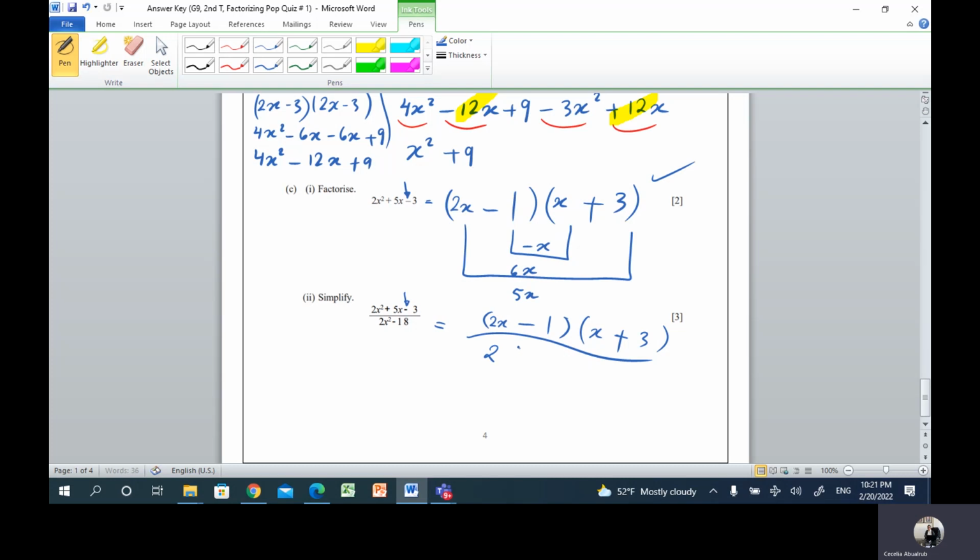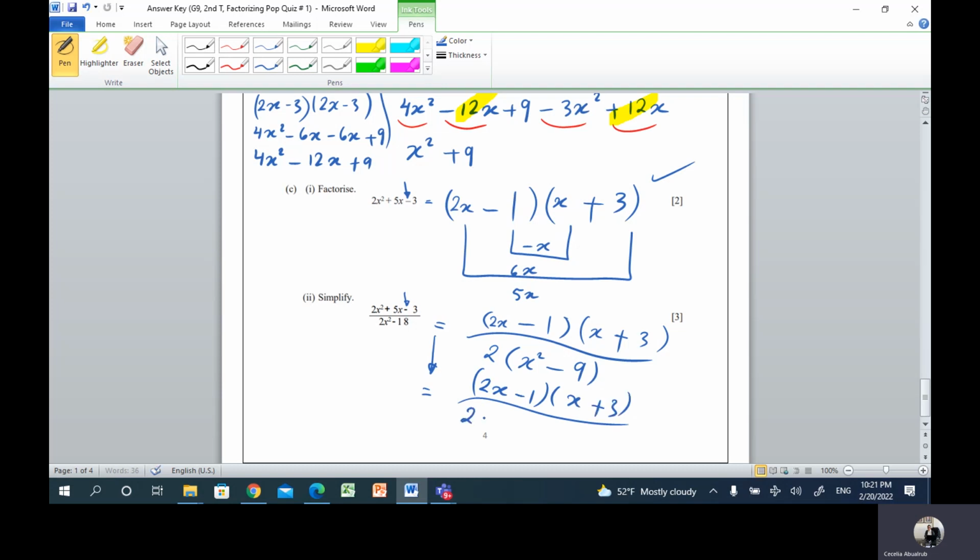So 2 is going to come out, and 2 times x squared gives us back x squared minus 9, because 2 times negative 9 gives us negative 18. Now we need to do another step here. The numerator is done, which is 2x minus 1 times x plus 3.